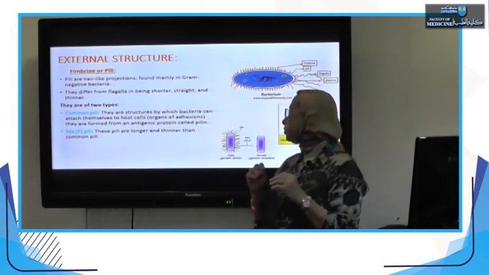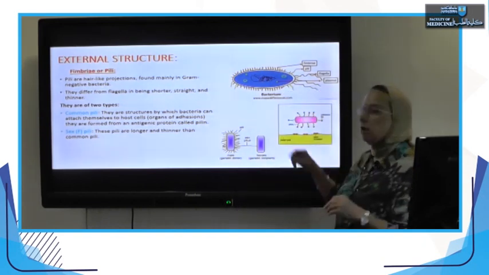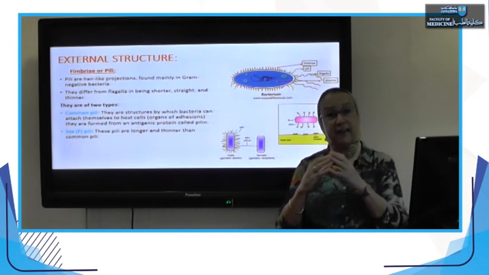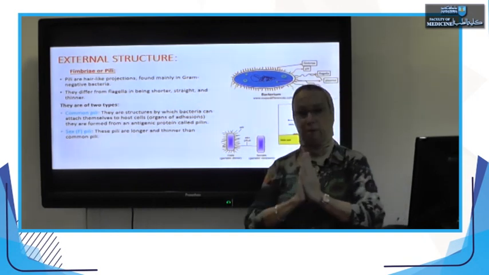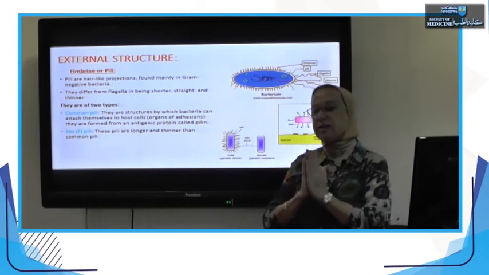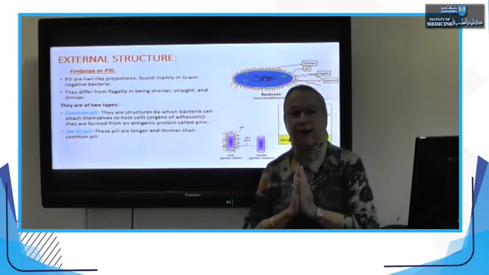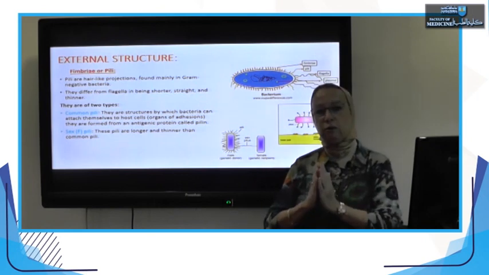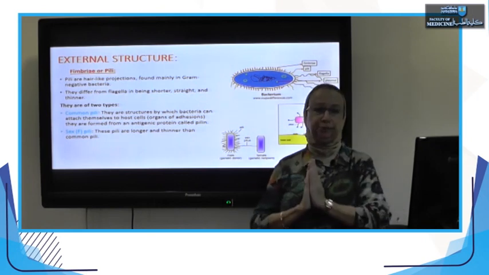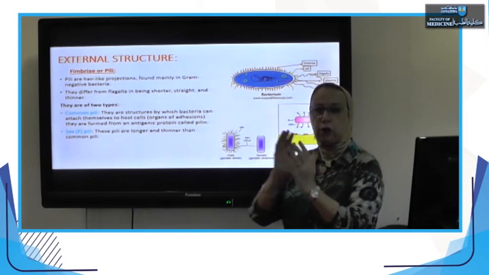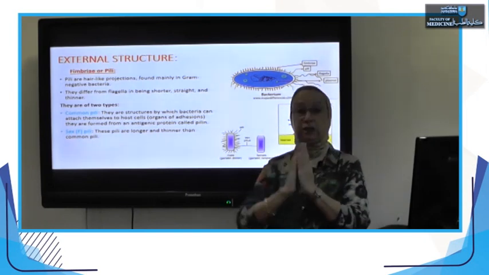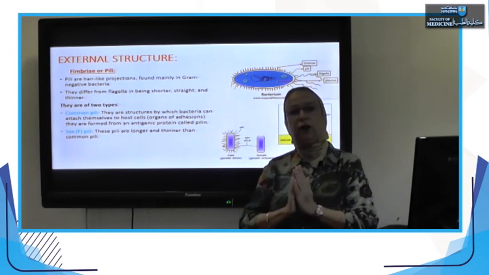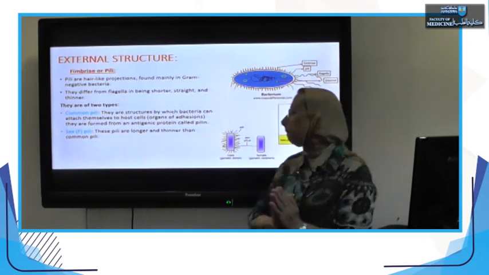They have adhesive endings that allow the adherence of the bacterial cell to mucous membranes. And this is considered a virulence factor, a factor that allows disease production. Once they are adherent to the mucous membrane, they cannot be washed away by secretions. They stay and they can start the pathogenic process.